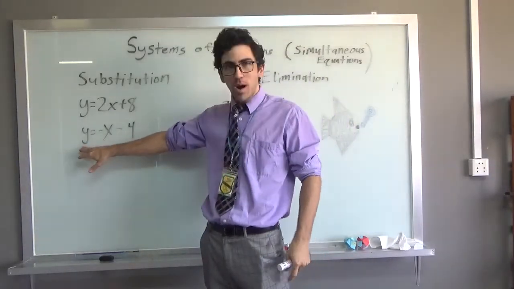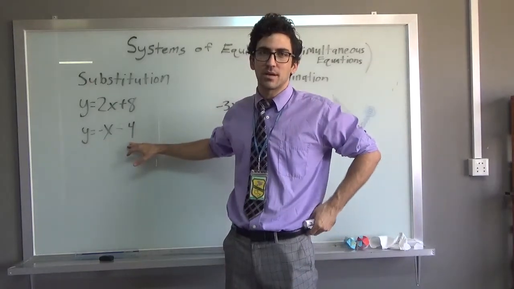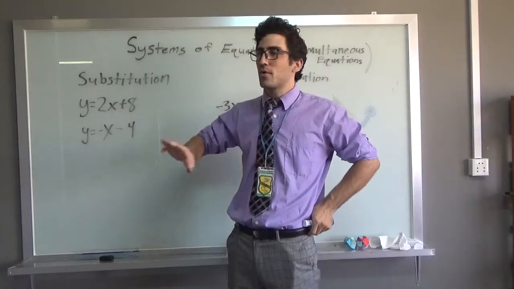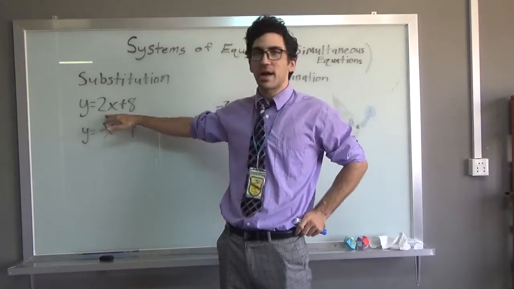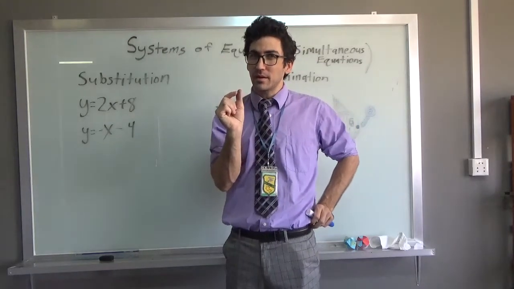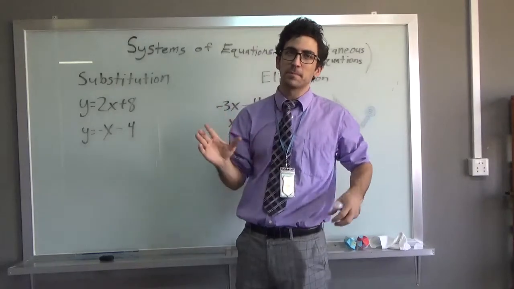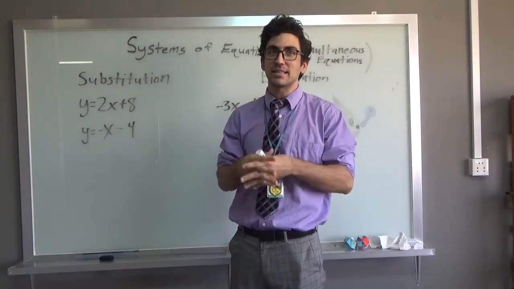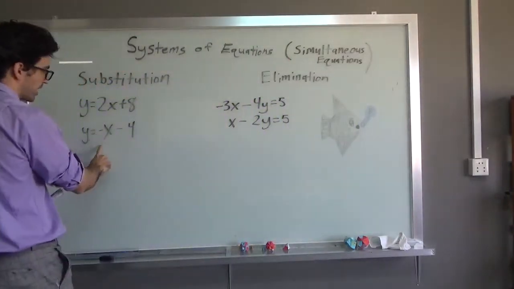So if we know that y is equal to negative x minus 4, but we also know that that same exact number is equal to 2x plus 8, since it's going to be the same number for y in both of these situations, what we're allowed to do is set these equal to each other and get rid of the y. So I'm just going to rewrite this part.